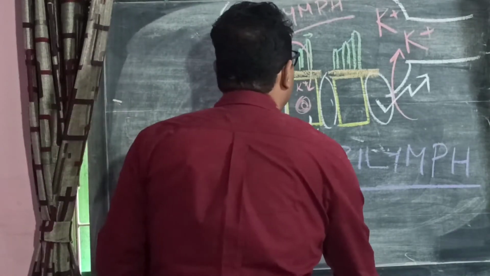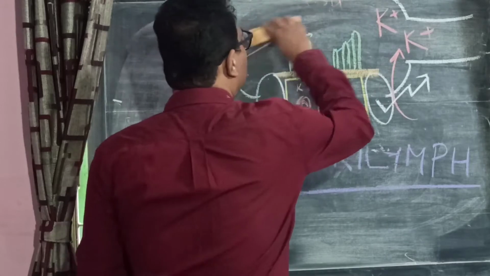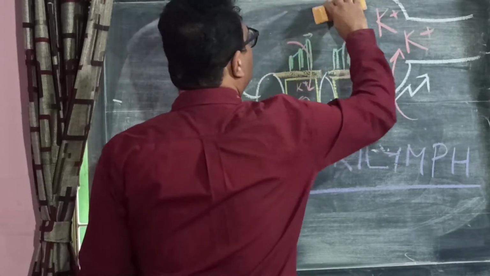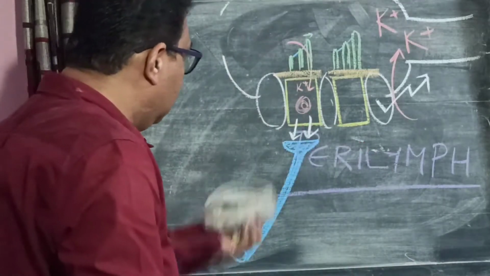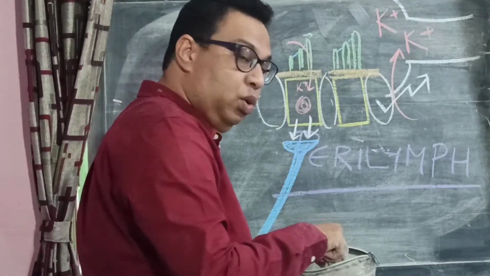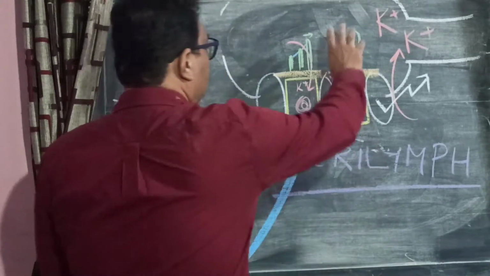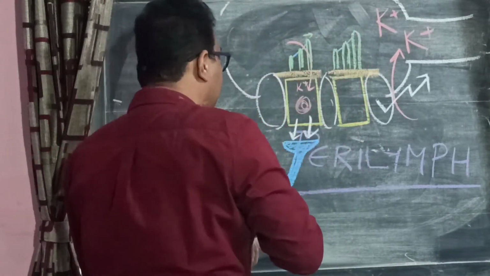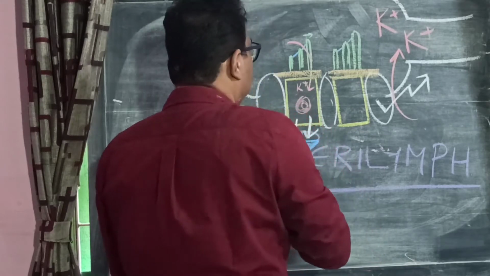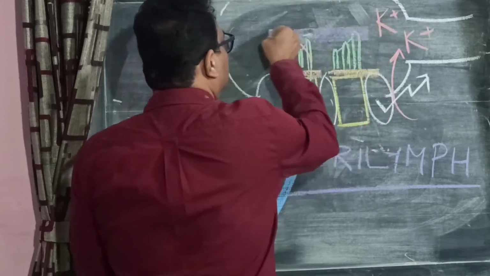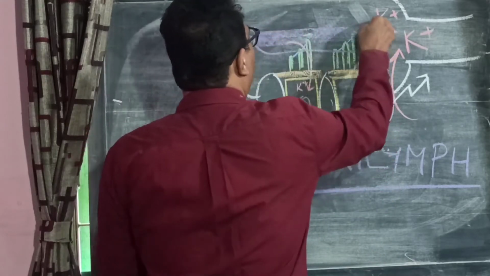What is different here is how the structure is managed. So in the utricle and saccule, these hair cells are embedded in a gelatinous mass.